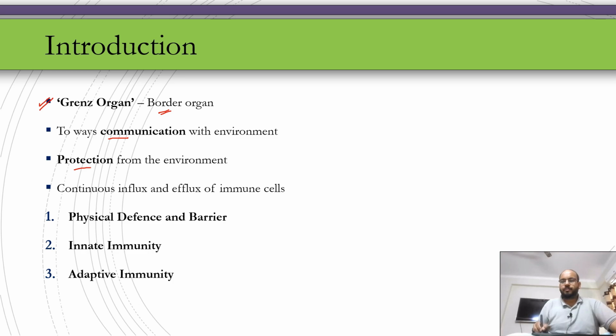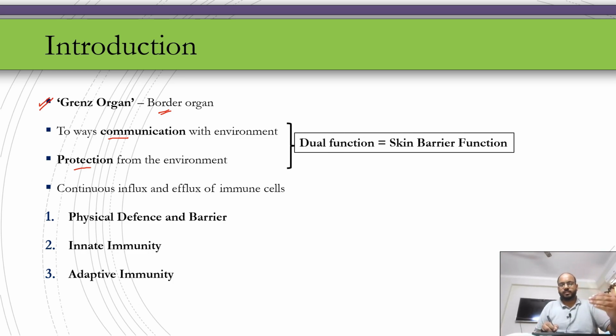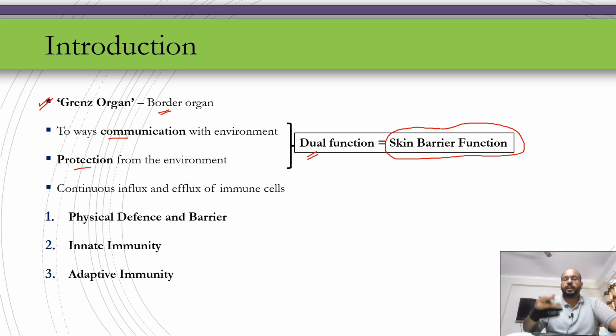These two functions, communication with the environment and protection from the environment, serve the dual function of skin, and together, this function is termed skin barrier function. So skin should act as a perfect barrier to protect us from environmental insults, but also be permeable enough so that communication can happen with the environmental agents.